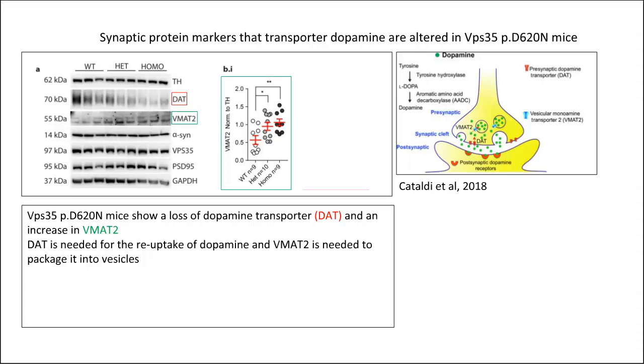We then went on to look at whether particular proteins that are important for the reuptake of dopamine and the release of dopamine were different. When we look at this particular protein that I've highlighted in green, it is the transporter that sits on that little vesicle that I explained earlier, and it pumps dopamine into the vesicle.